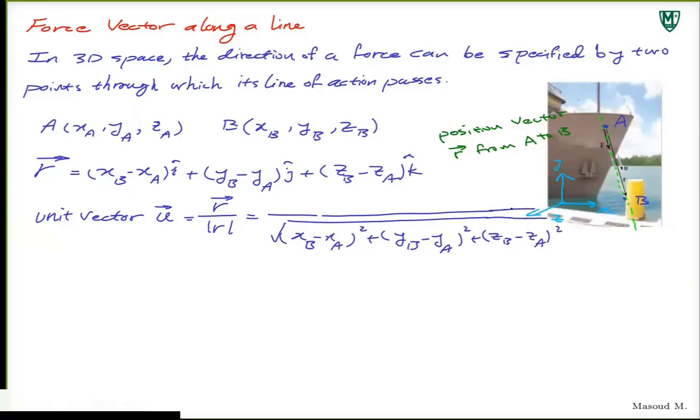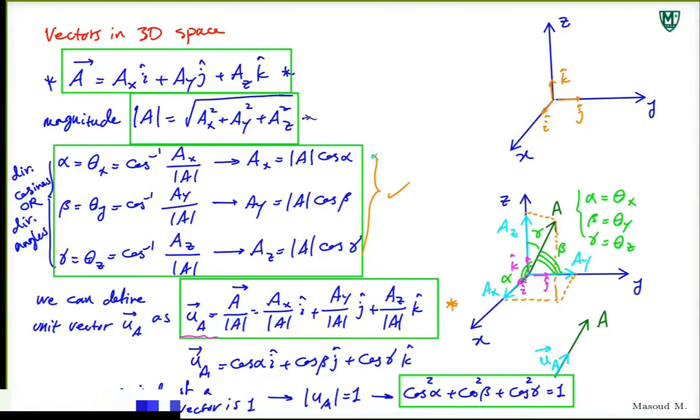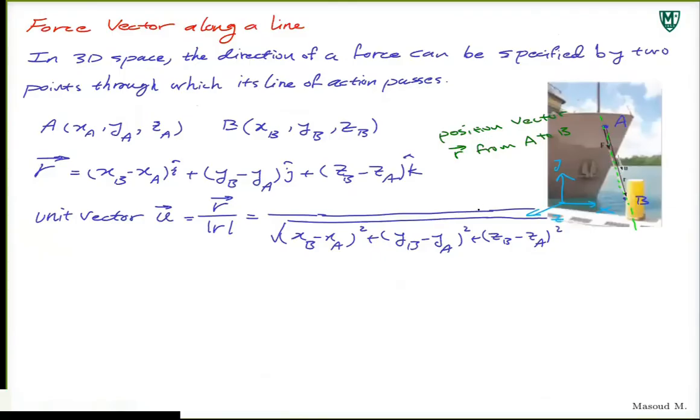This is the magnitude of the vector. Again, this is what we introduced before: the magnitude of a vector A is the square root of AX squared plus AY squared plus AZ squared. In this case, the components are XB minus XA, YB minus YA, and ZB minus ZA. So the vector would be XB minus XA i, plus YB minus YA j, plus ZB minus ZA k.